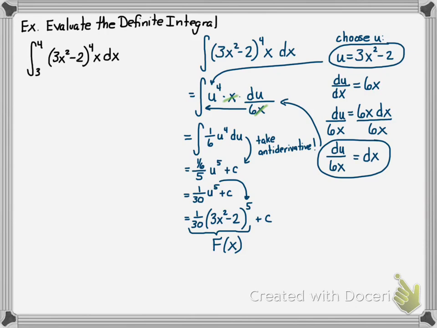And now we want to plug into that capital F of x our top bound, which is 4, so we have capital F of 4 is 1 over 30 times (3 times 4 squared minus 2) raised to the 5th power.